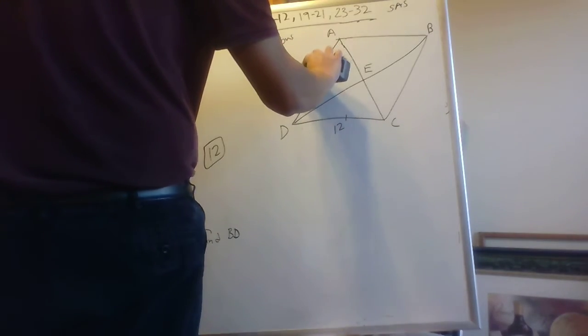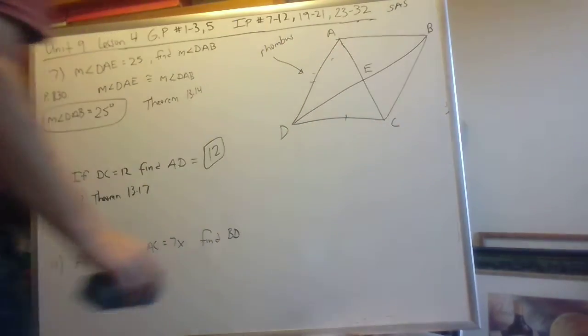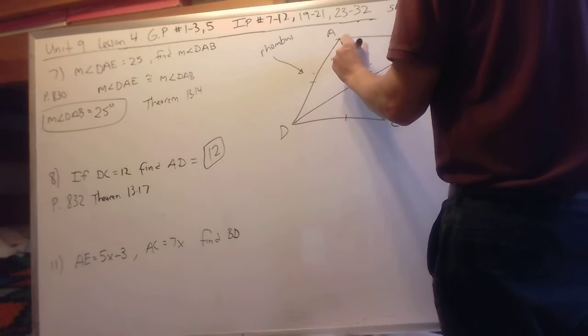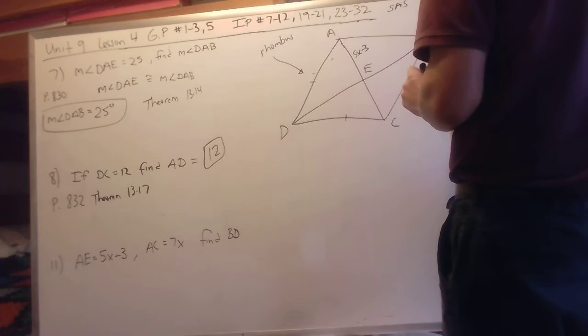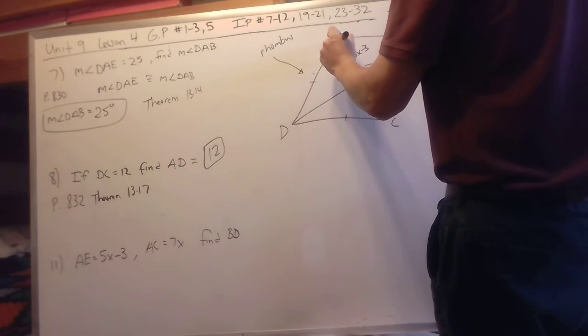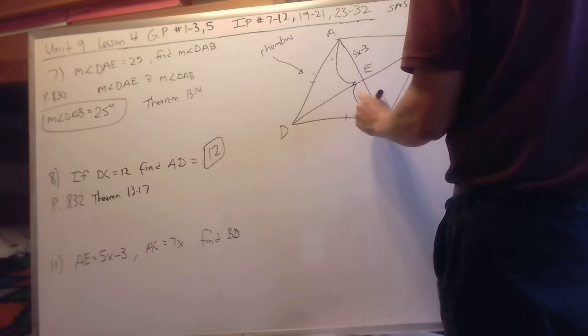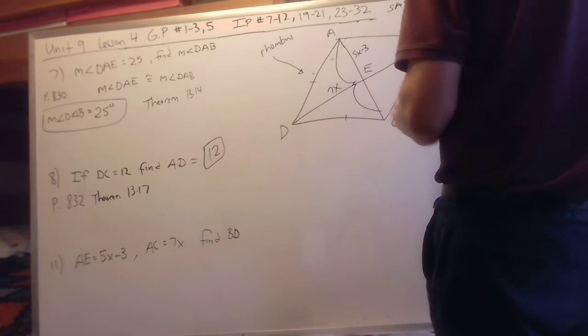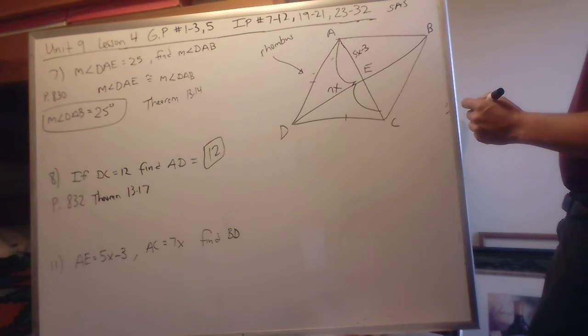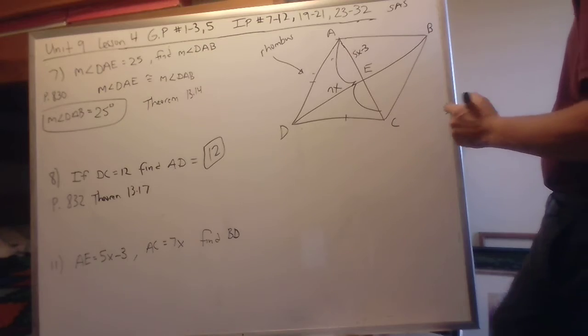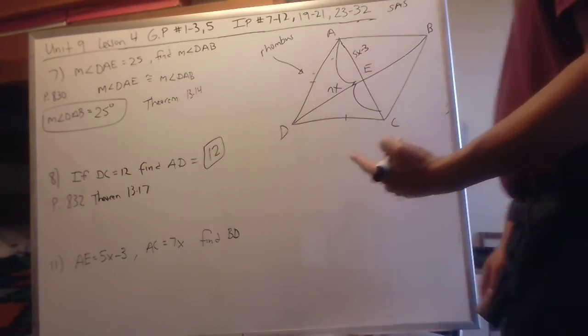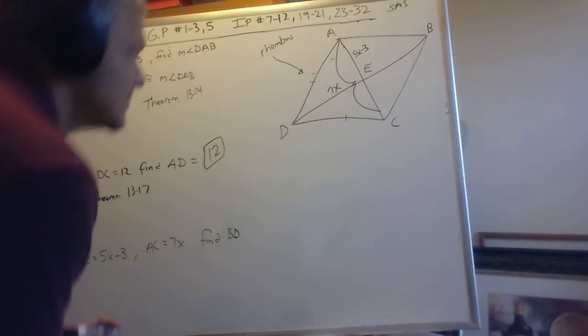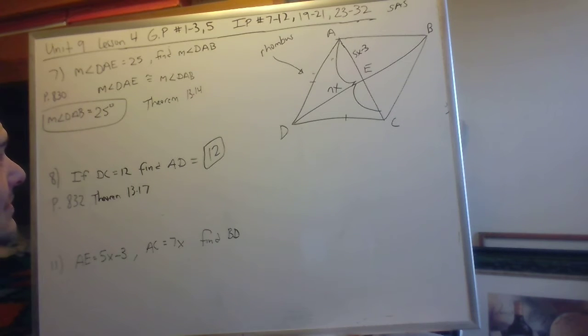All right, so the next problem says AE right here is 5x minus 3, and AC, the whole entire thing right here, is 7x. And it says find DB. So I want you to find the other diagonal. We know that AE is half the length of AC.